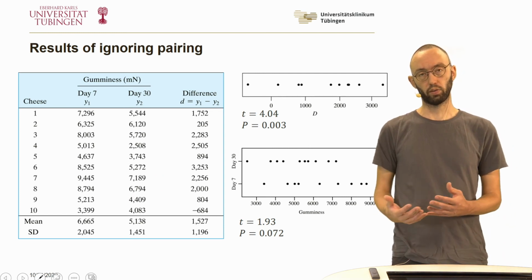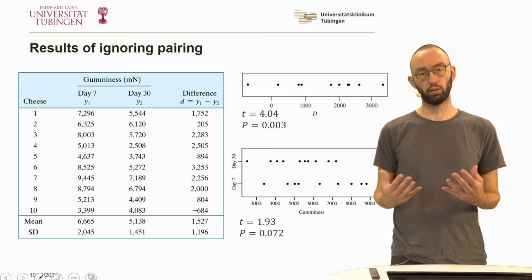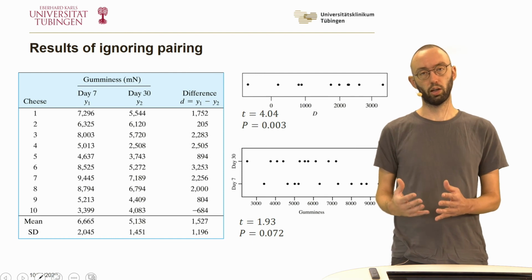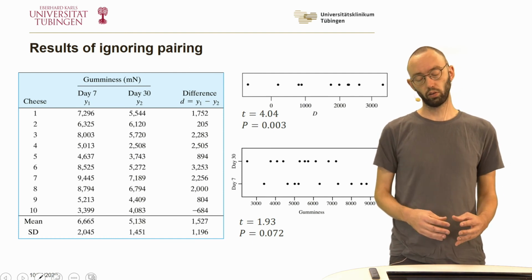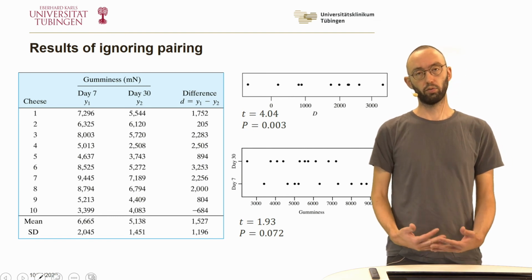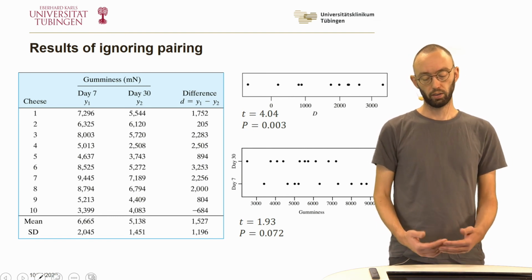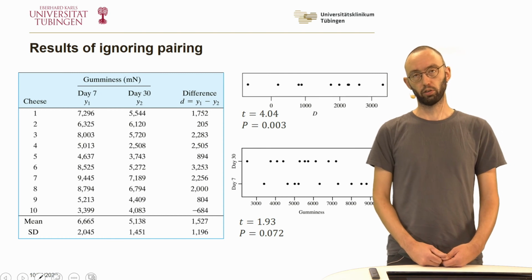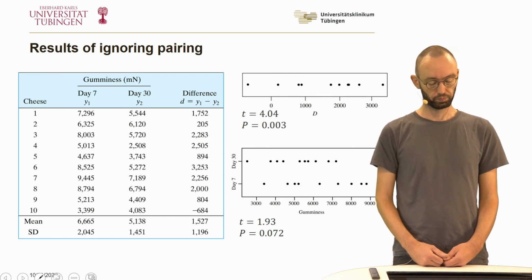But because of the paired design, measuring at 2 different time points the exactly same cheeses, allows us to subtract out the baseline variability here, we are able to find the significant difference with a paired test.